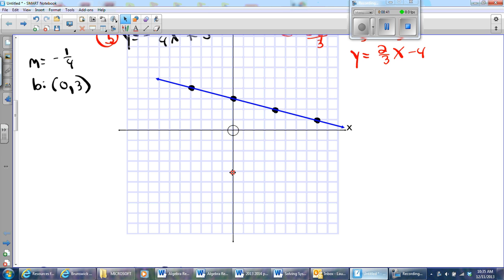And then I'm going to use my rise and run. Rise 2, run 1, 2, 3. Okay, I could do another one. Rise 2, run 1, 2, 3. Or I could make them both negative, change both their signs, and go down 2 and left 1, 2, 3. And look, all 3 of those points are going to be on the same line.